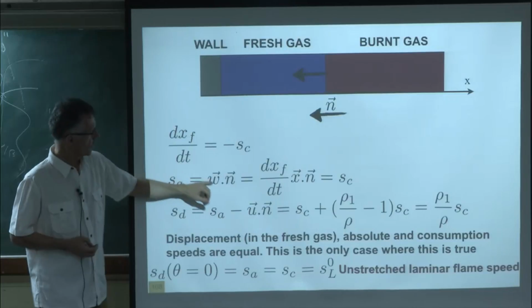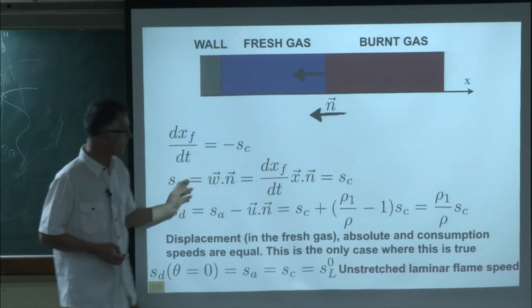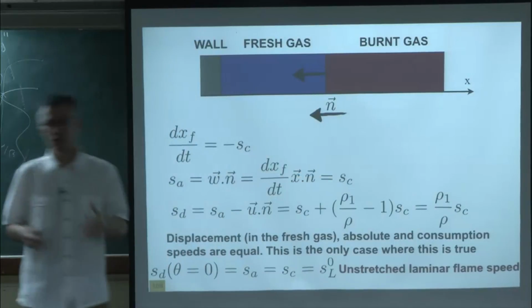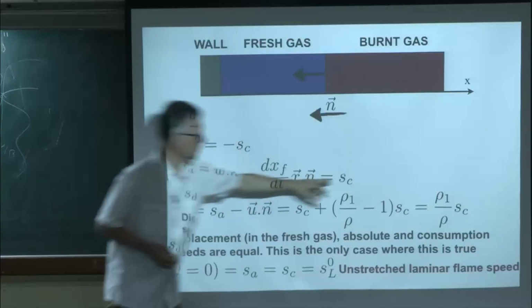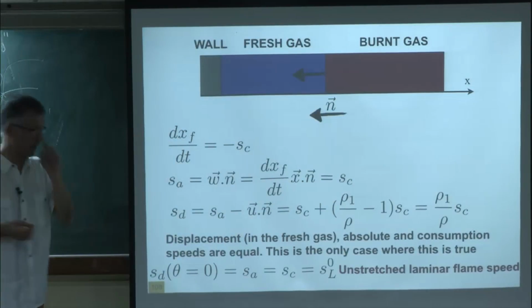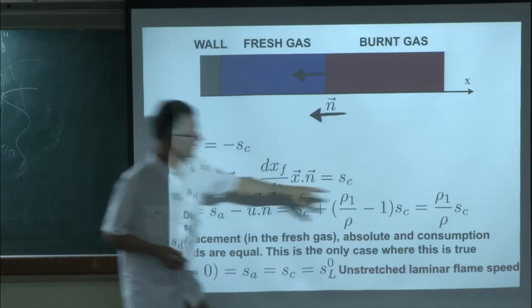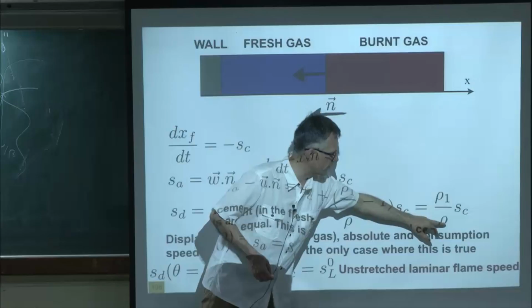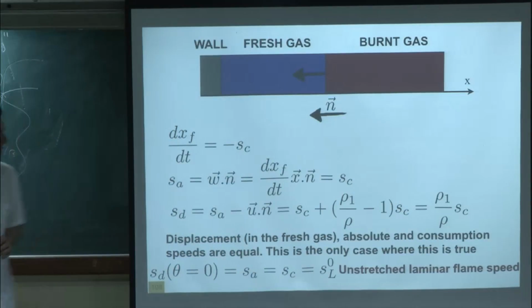Okay, now if you want to obtain from that the absolute speed, it's easy. It's the speed of the flame normalized along the normal. So here it will be equal to SC. So the absolute speed of the flame is equal to SC. And now the displacement speed, this is where things get funny. If you combine all that, you find that the displacement speed is (ρ1/ρ) multiplied by SC, and ρ is the density where you measure the displacement speed.